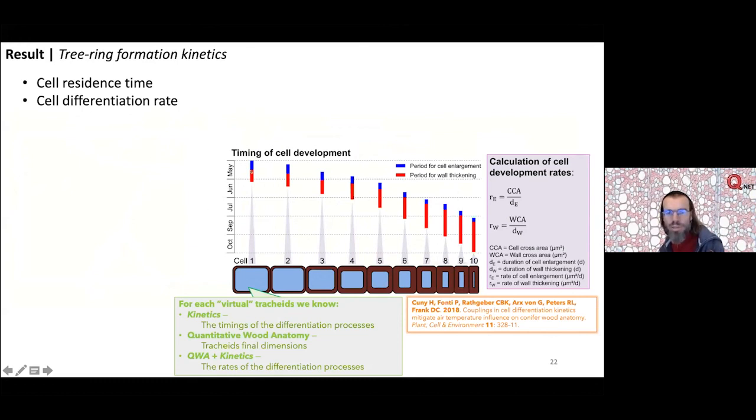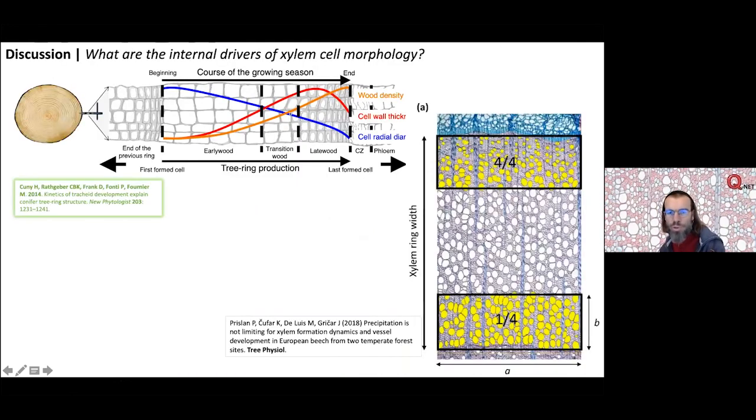This is a schematic example here, where you have in blue the time the cell took to enlarge, and in red, the time it takes to develop its cell wall. And with this information, we can try to understand the tree ring structure. For example, we already spoke about wood density, so how wood density is related to this wood formation kinetics.